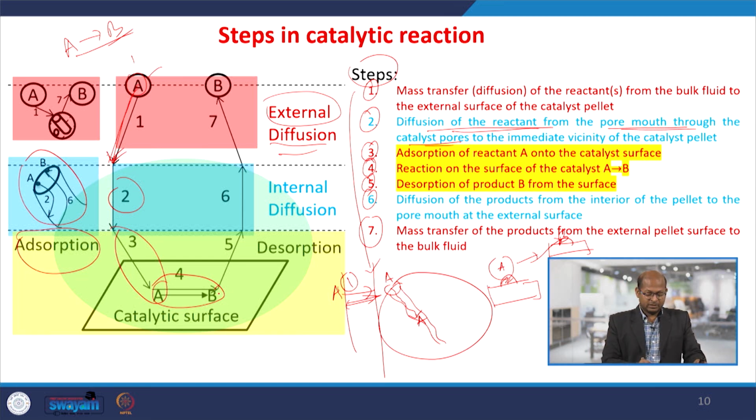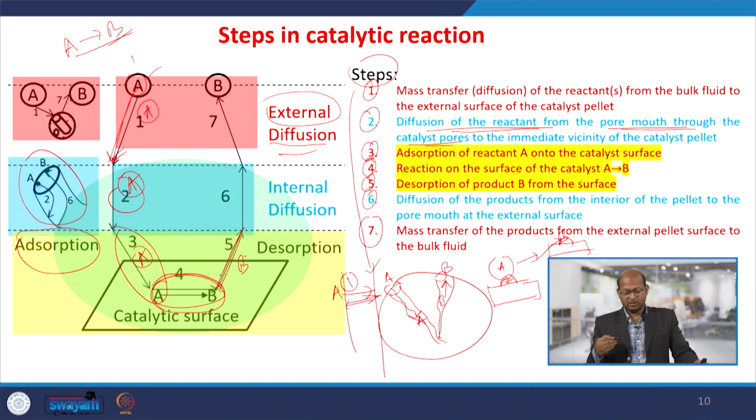From here we are getting B, not A; up to here we have A. After converting A into B, we get product B. Then component B diffuses through these pores and reaches here. So, this is the internal diffusion of component B. Then desorption takes place.